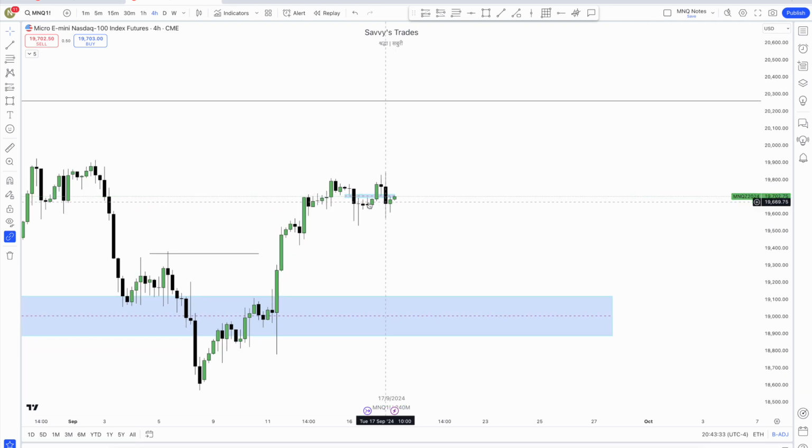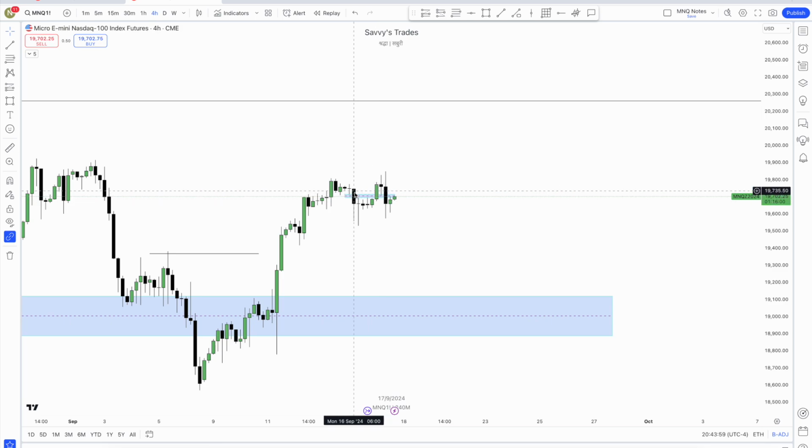Yesterday I mentioned that we were having this 4-hour CB, and I was interested to see how price was planning to react. Now you can see that we inverted this CB at 2 a.m. We had a bullish move to the upside, right?